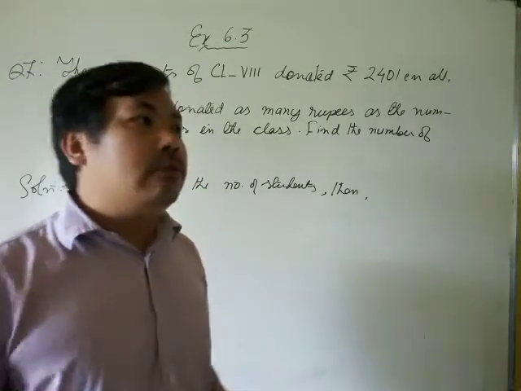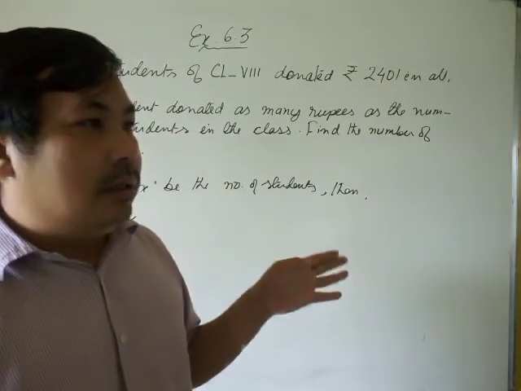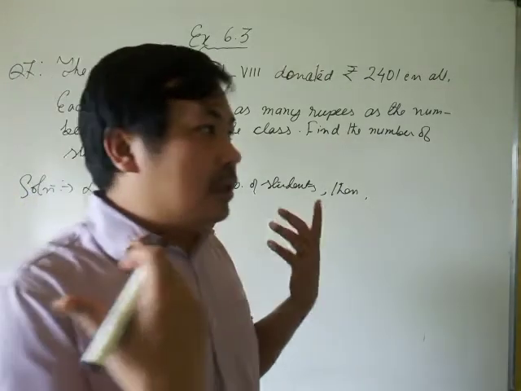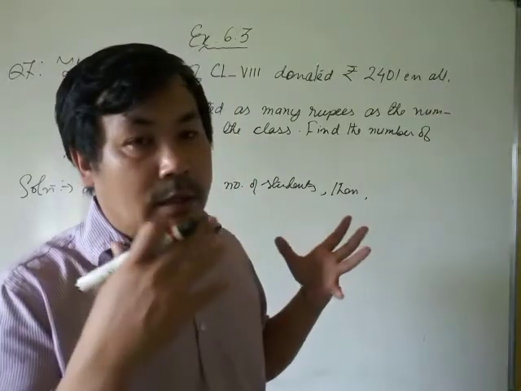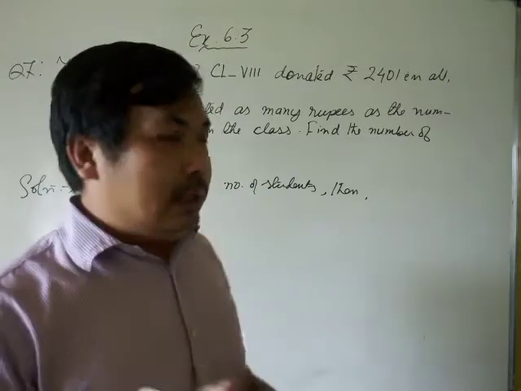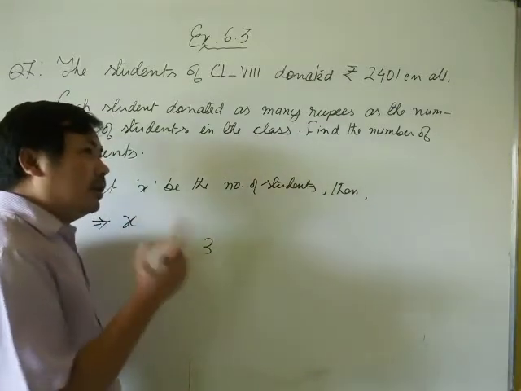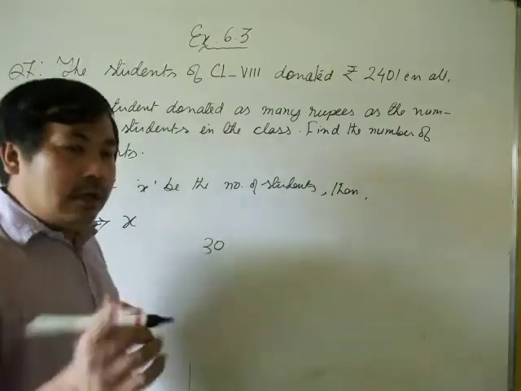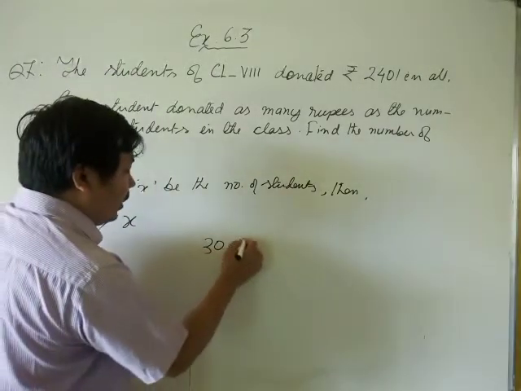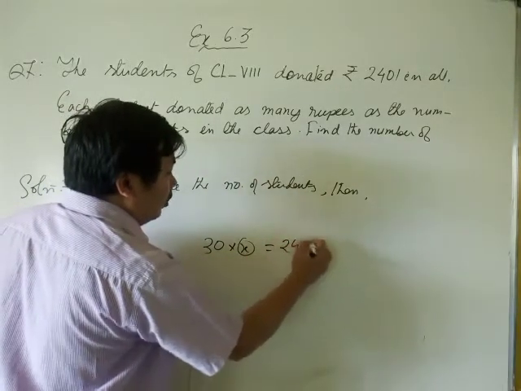How many students are in the class, we don't know. So the amount they have contributed will be multiplied with the number of students. If one student donated 30 rupees, then we have to multiply it with x, the number of students. Yes or no? And that will be equal to 2401.